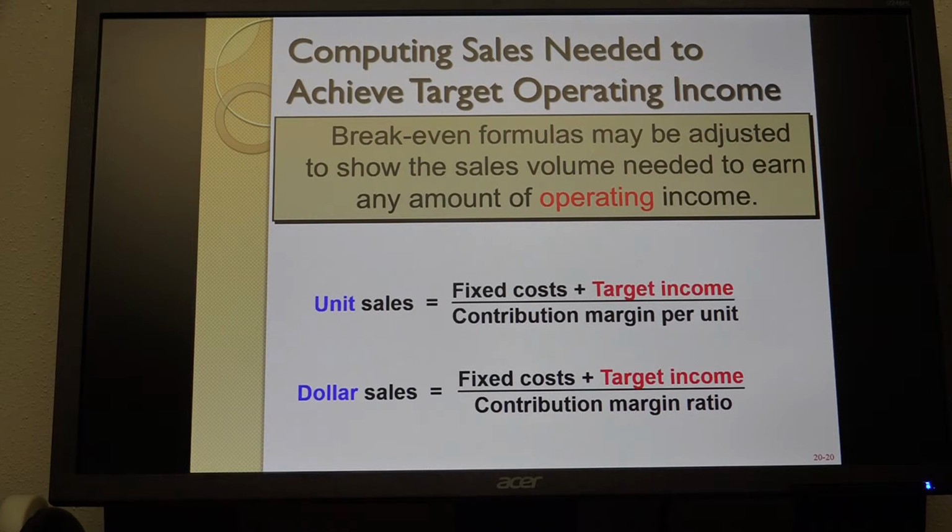And so to determine needed sales for a certain target level of operating income, in unit sales, you simply add fixed cost plus target income in the numerator and divide by contribution margin per unit. For dollar sales, same numerator, you simply have as your denominator the contribution margin ratio.